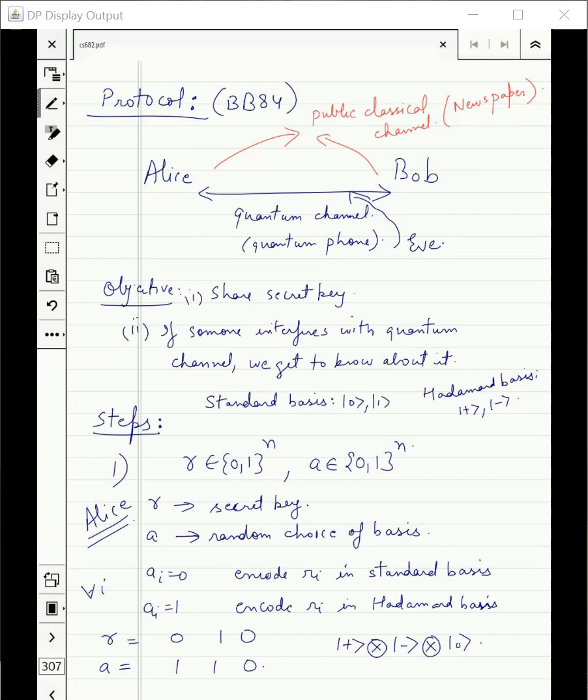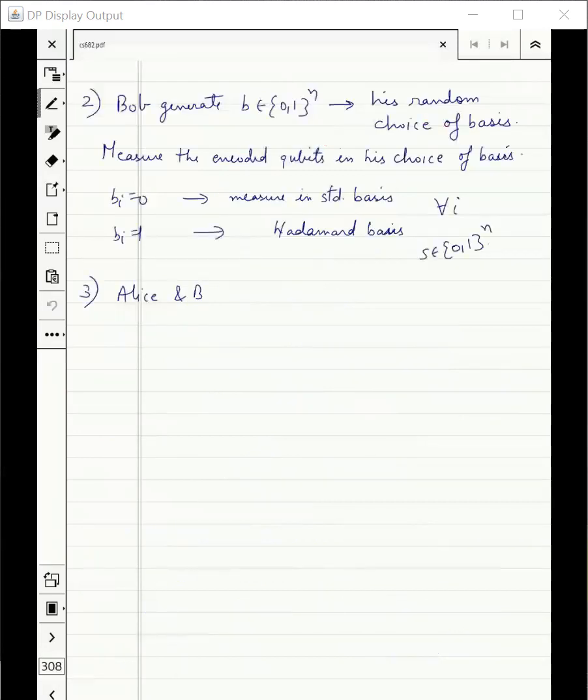And now Bob is going to measure in his basis. Then Alice and Bob disclose their A, B, their choice of basis, on the public classical channel. They will announce in the newspaper, this was my choice of basis. Actually, it doesn't matter whether just Alice discloses it, that's good enough. Then Bob can say, okay, just look at these indices, or both can disclose.